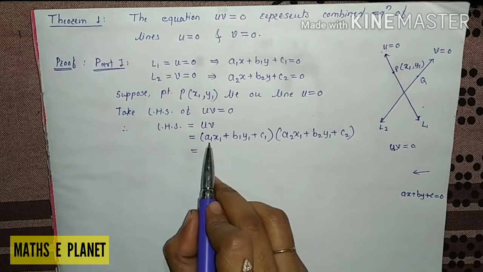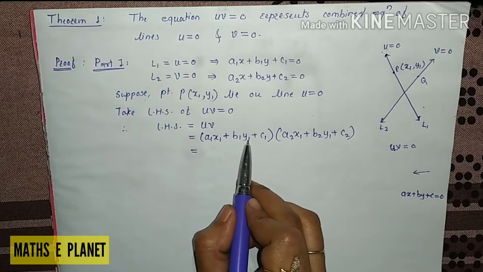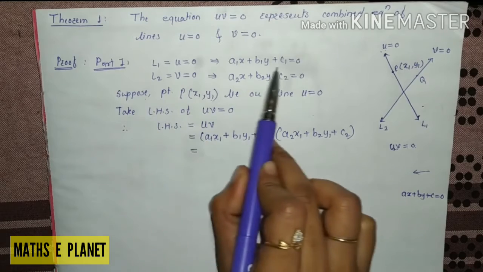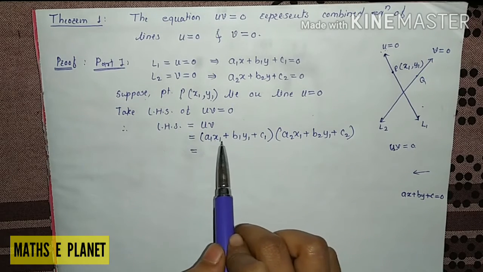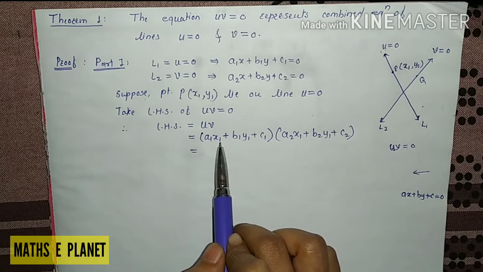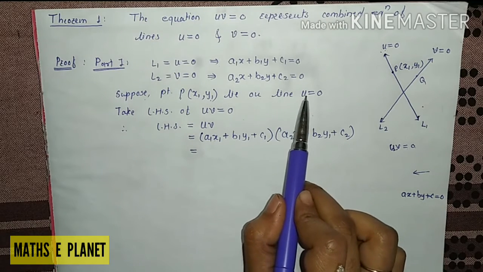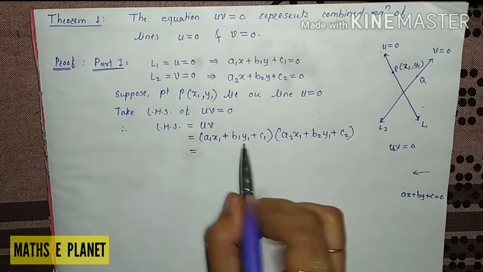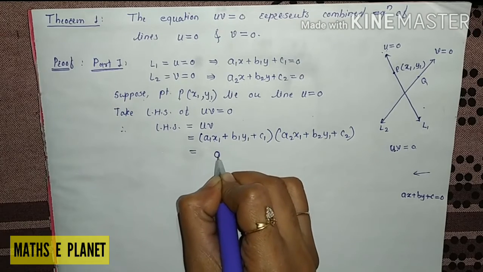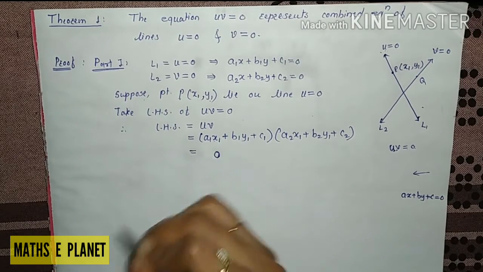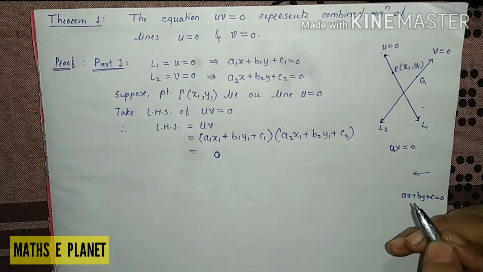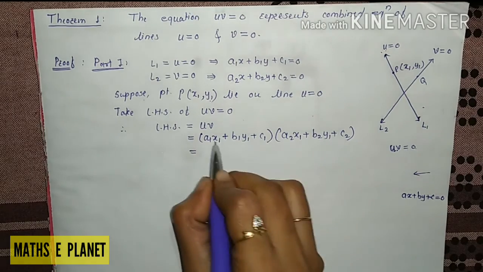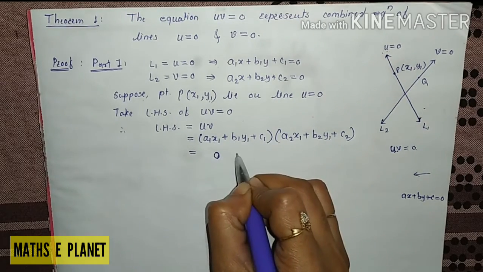Now a1 x1 plus b1 y1 plus c1 is the equation of u. If the point lies on line u is equal to 0, this part will be 0, because every point which lies on any locus satisfies the equation of that locus. So this part will become 0. Why?